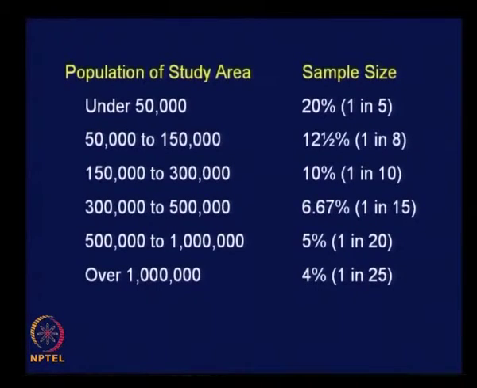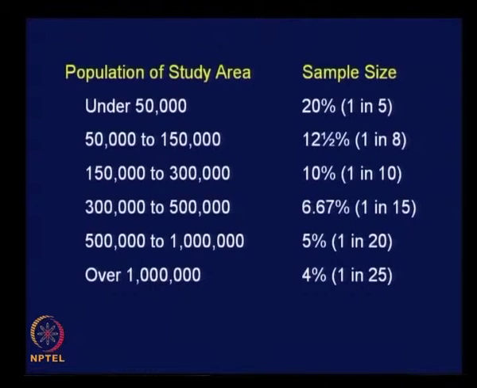If an urban area has population less than 50,000, sample size is 20%, right. One household out of every 5 households should be interviewed.